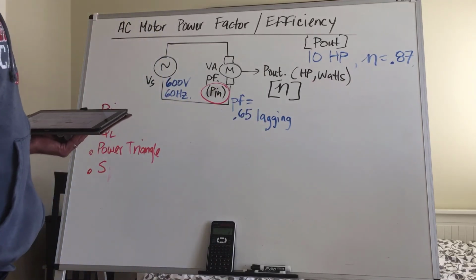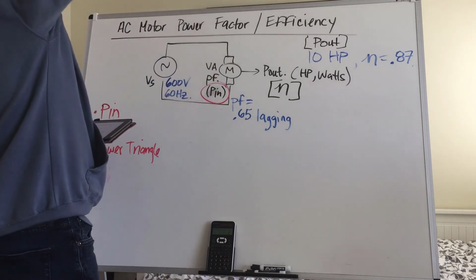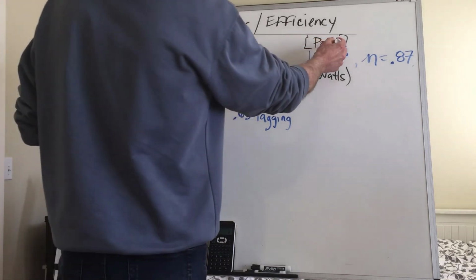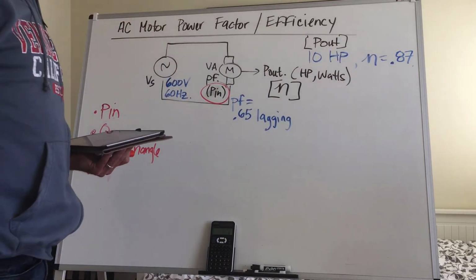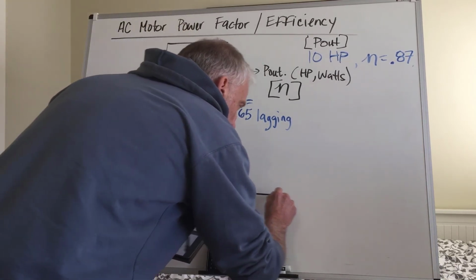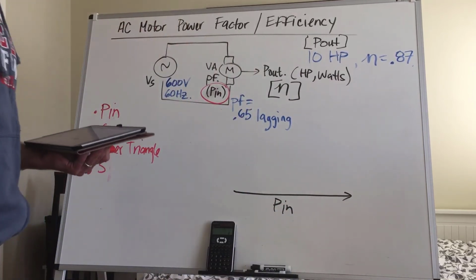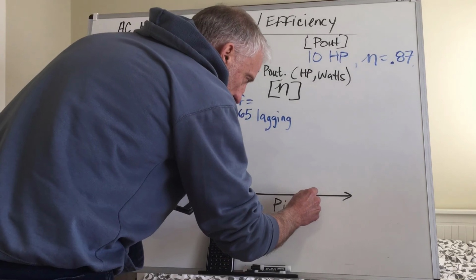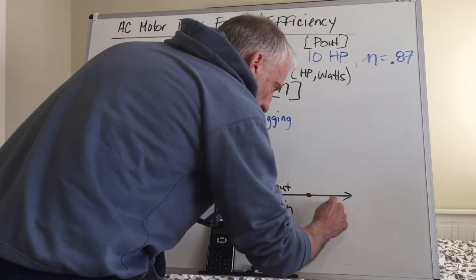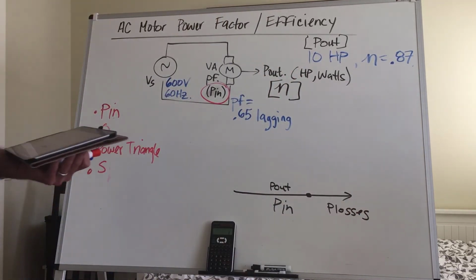Okay, so first thing we're going to do is determine our P in value in our power triangle. That's going to come from our P out and our efficiency, right? Because remember, when we're looking at that value of P in in the power triangle, it is a result of a P out value added on to your P losses to give you P in.